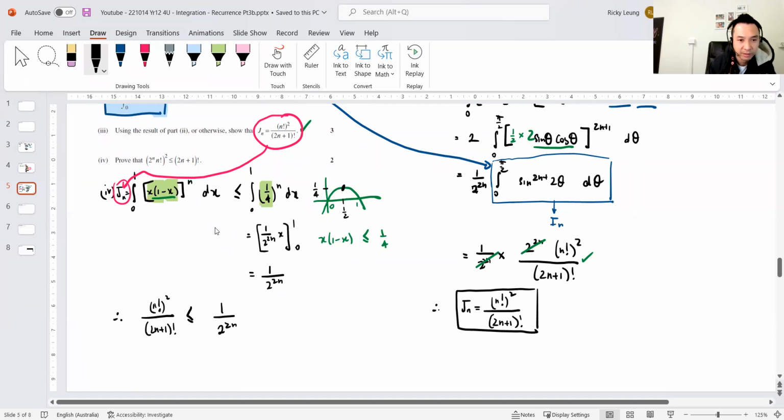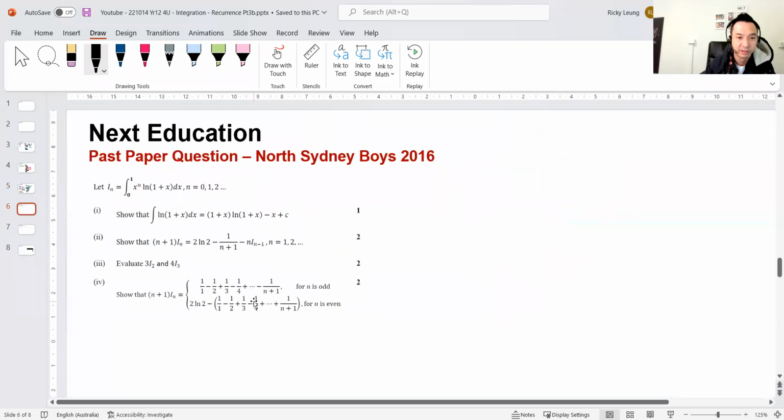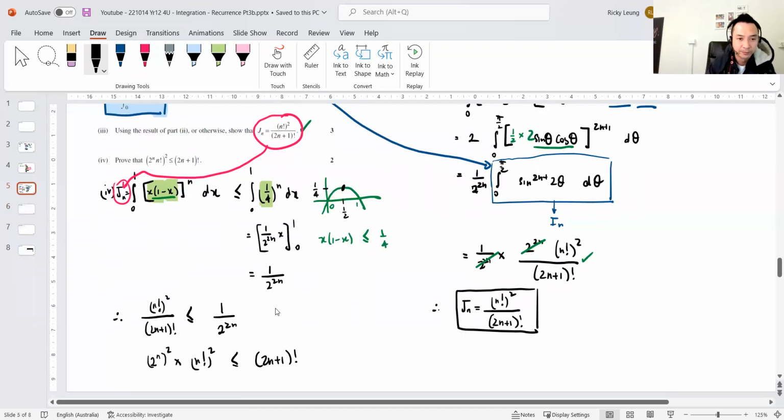So I got 2 to the power of 2n times n factorial squared is less than or equal to 2n plus 1 factorial, and then combine the squares on the left. I got it right. So therefore, 2 to the power of n factorial squared is less than or equal to 2n plus 1.